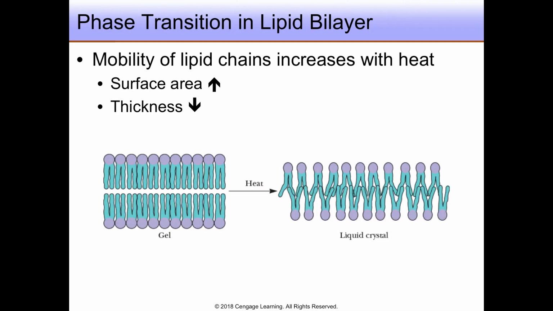If we examine the structural changes associated with temperature elevation, we find, as illustrated below, that the thickness of the membrane decreases and the surface area increases. This is an important consideration for animals that experience variability of temperature and whose membrane integrity might be compromised as a result.